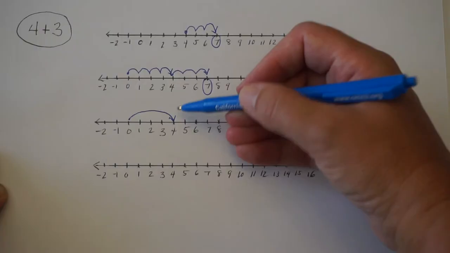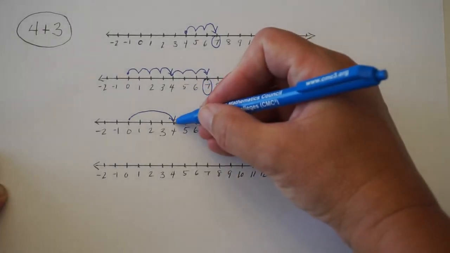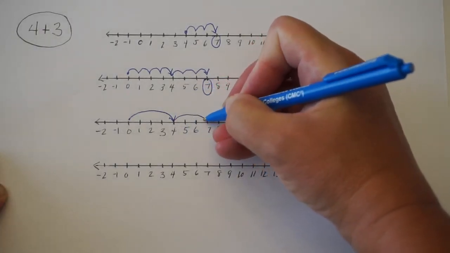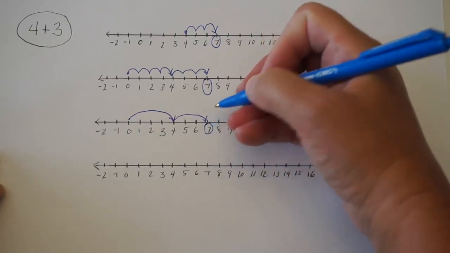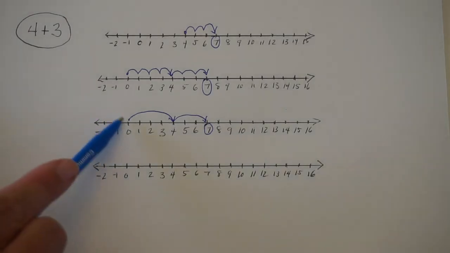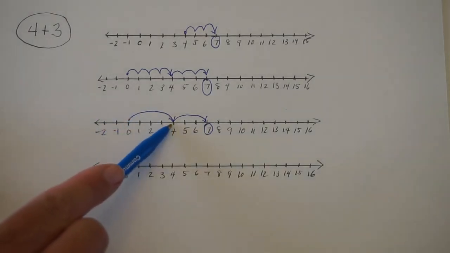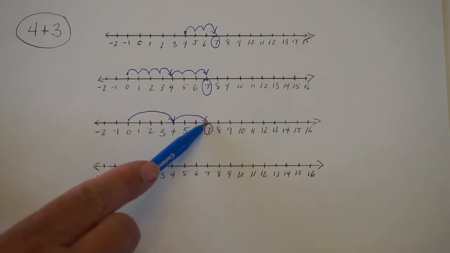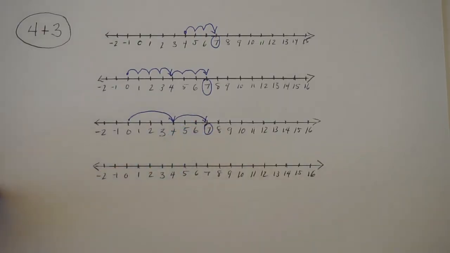So the arrow is the head, and here's 1, 2, 3. Notice with this method I also land on 7, which we were expecting. I have a right-facing arrow representing 4, a right-facing arrow representing 3, it's 3 spaces long, and we land on 7.